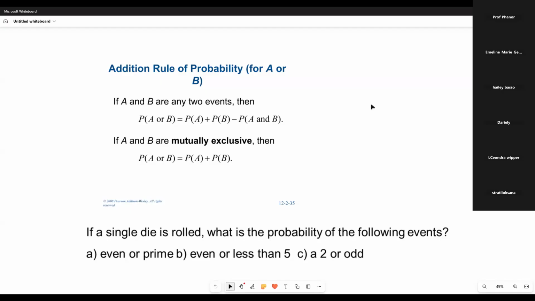Okay. Let's talk about the addition rule of probability. So I give you the formula.